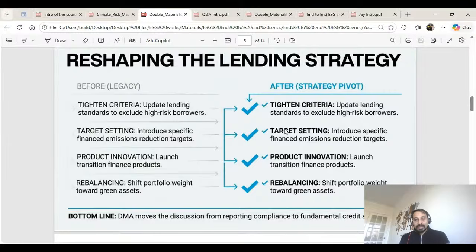Also rebalancing, shifting the portfolio toward various green assets. So the bottom line is, double materiality assessment moves the discussion from reporting compliance to the fundamental credit score for the commercial bank. The bank is going to ask each and every corporate company applying for project loans or investment for this whole set of criteria and metrics.